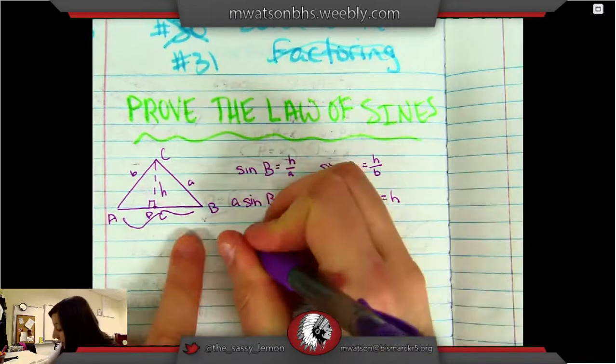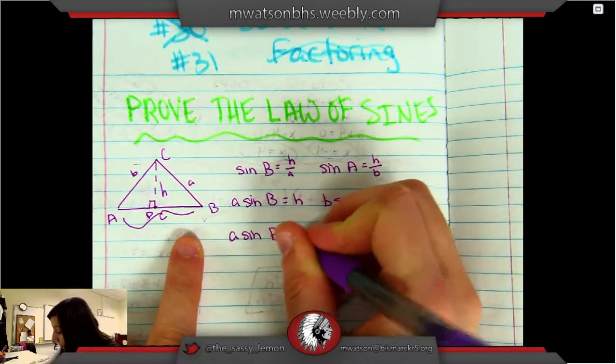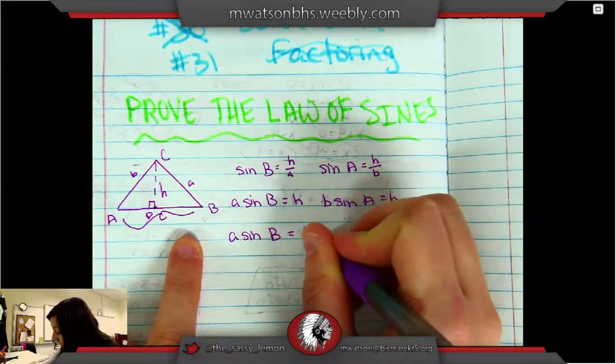So I can say that A sine of B equals B sine of A.